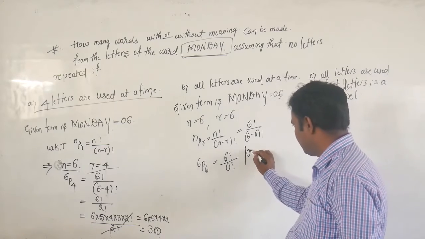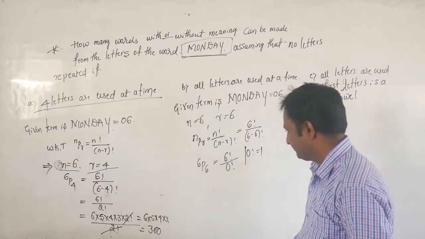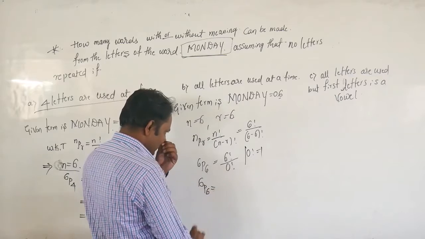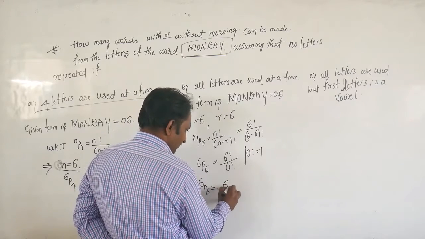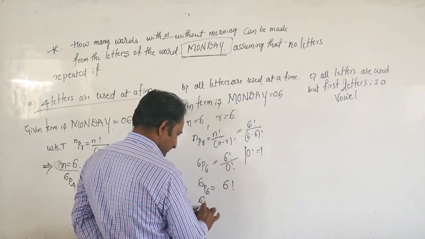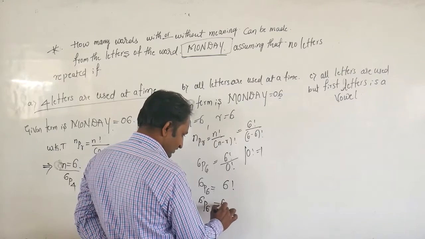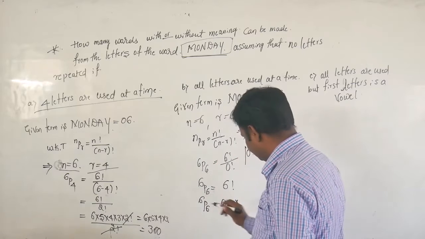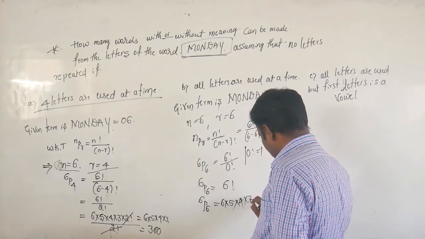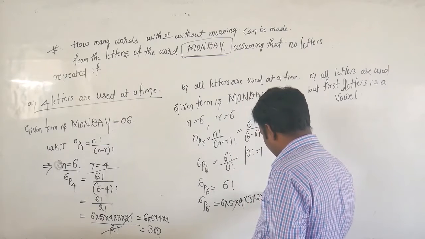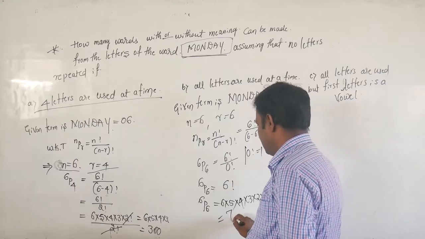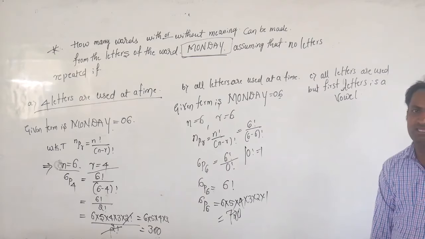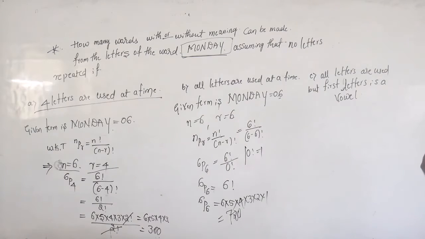Here, the value of 0 factorial is 1. 6P6 is equal to 6 factorial, which is 6 into 5 into 4 into 3 into 2 into 1. Here, our required answer is 720.